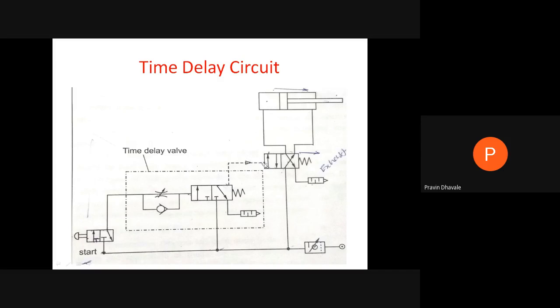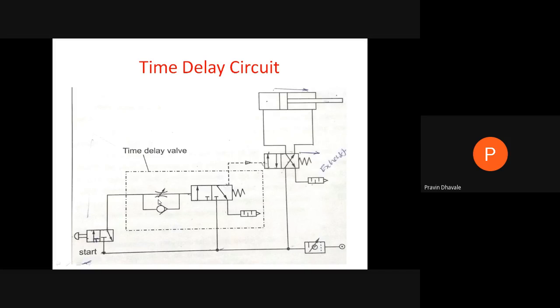As this position comes into action, at that time whatever compressed air is coming out from this will pass to this port to this port, and then the extension stroke is to be carried out. So to actuate this position, we are using this time delay valve, and this time delay valve will be passing the pilot signal to this 4 by 2 direction control valve by controlling the mass flow rate of air by using this flow control valve.